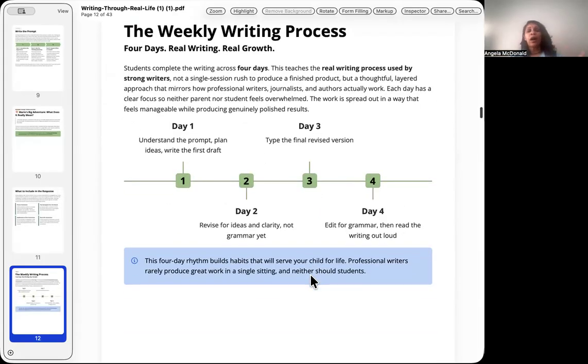And then how we do our writing. So on day one, understanding the prompt, she answers the prompt. That's what she does on Independent Day on Monday. On day two, we sit down and we revise it together. So that's where the teaching comes in. I allow her to grapple with it first.